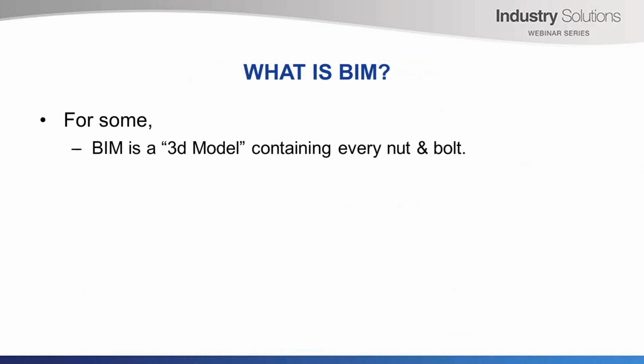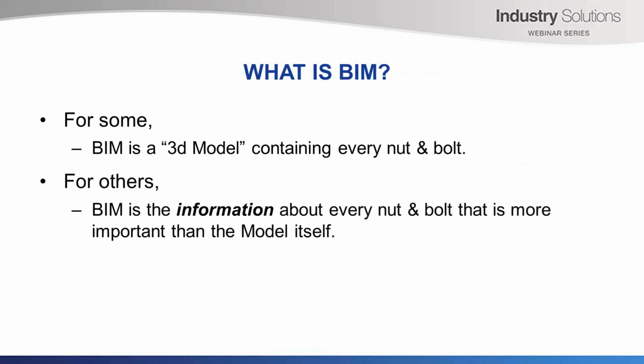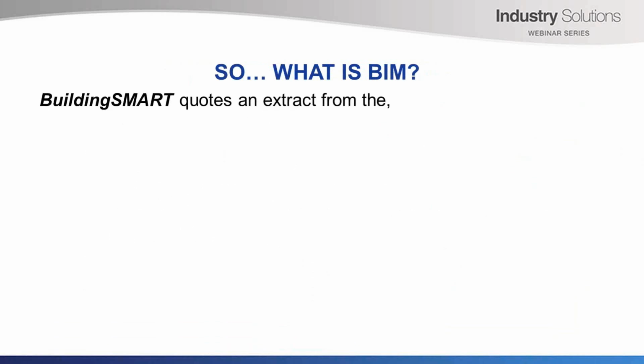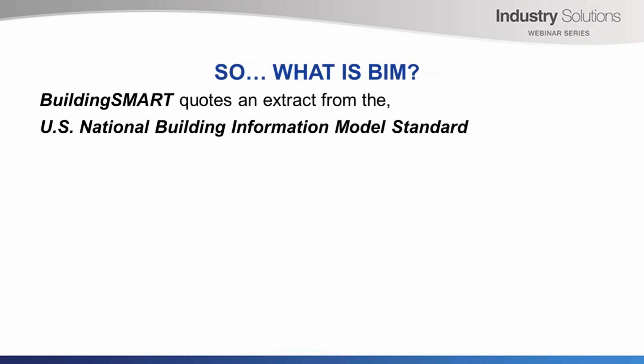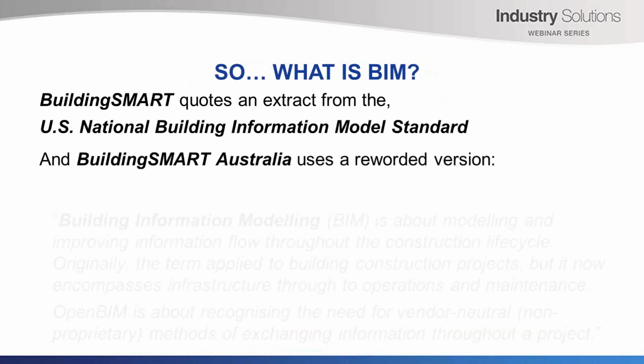For some, BIM is a 3D model containing every nut and bolt in a building. For others, BIM is the information about every nut and bolt that is more important than the model itself. And both are kind of correct. So what exactly is BIM? Well, Building Smart quotes an extract from the US National Building Information Model Standard, and Building Smart Australia uses a slightly reworded version.